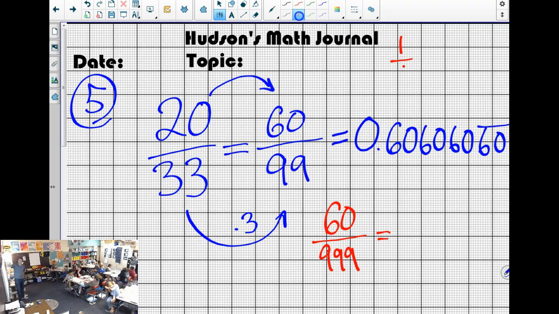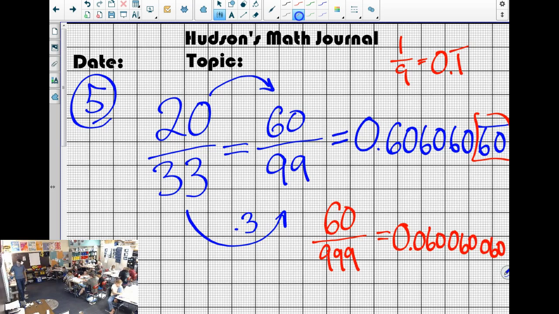When we had 1/9, stay with me, I'm going to blow your mind, I promise. We repeated one digit. When we had 60 99ths, we repeated the 2 digits. Oh, snap.